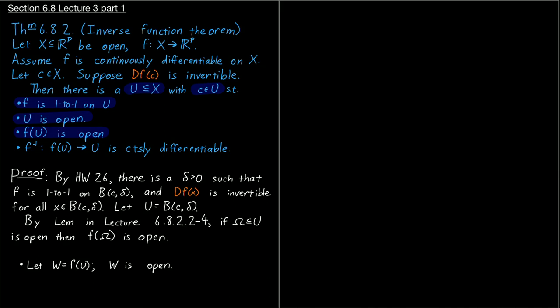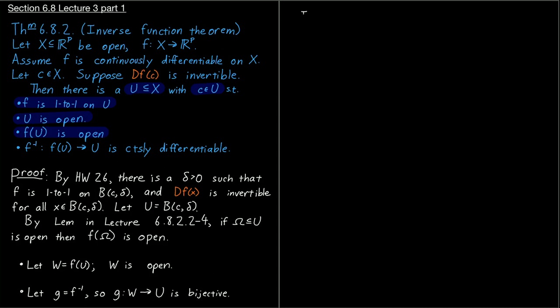And now here's our next piece. Let's let G equal f inverse. So G is a function whose domain is W, whose range is U, and is bijective.